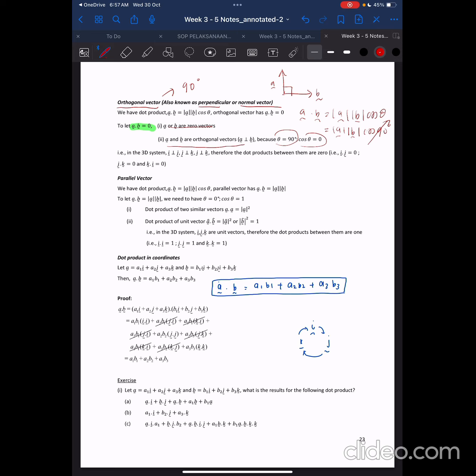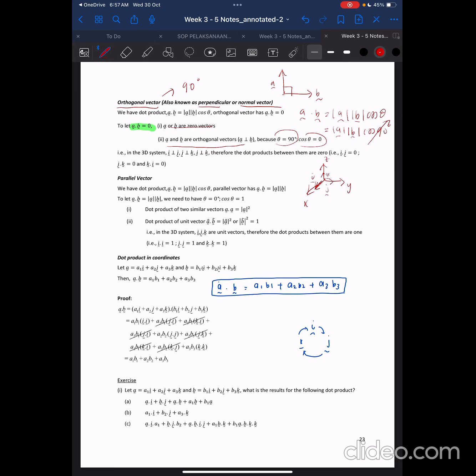Because if you click calculator, cos 90 degrees, you will get 0. Okay, so having said that, we do know that if I draw the x, y, and z vector, this is i vector, this is j vector, and this is k vector.